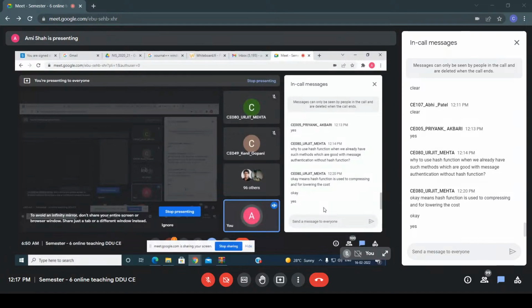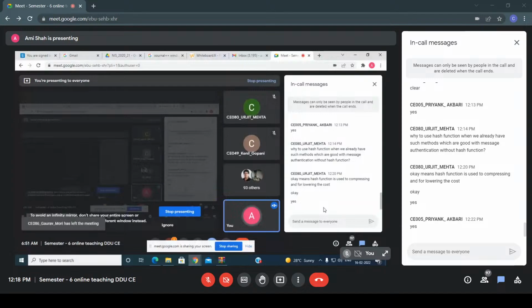Another technique I explained is hashing, a way of compressing the message. Before performing the encryption, if the message is very large, you first use the hash function to compress the message, and then apply the encryption technique. Normally this hashing technique is used. Is it clear to you all what I'm trying to say? Is it fine, everyone? Okay.